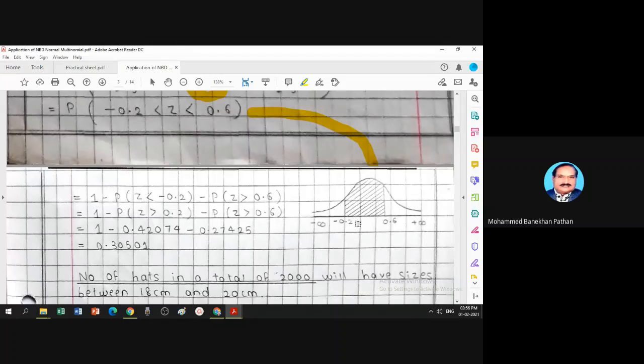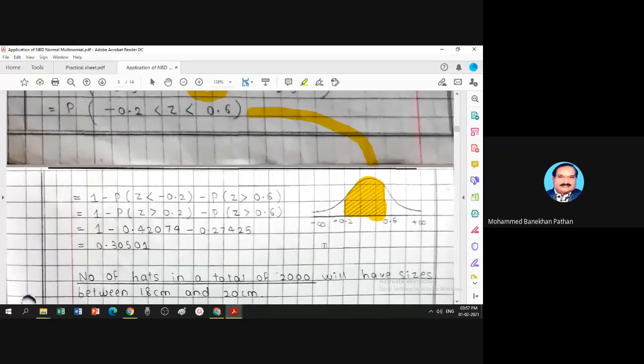Minus 0.2 is below 0. It is symmetric at 0. 0.6 is above 0. And you want this area under the graph. This we find by using the statistical table.